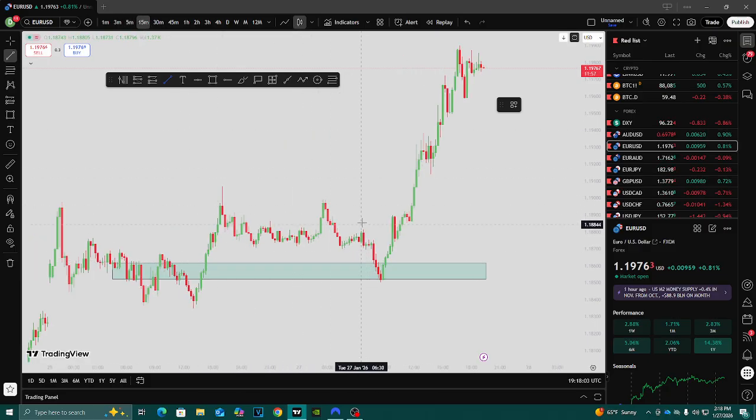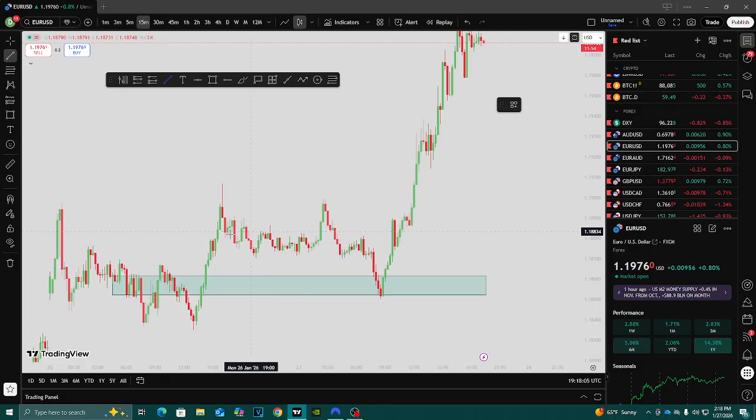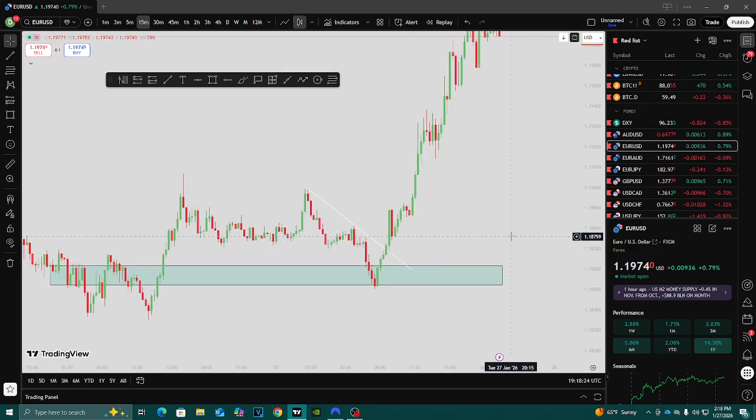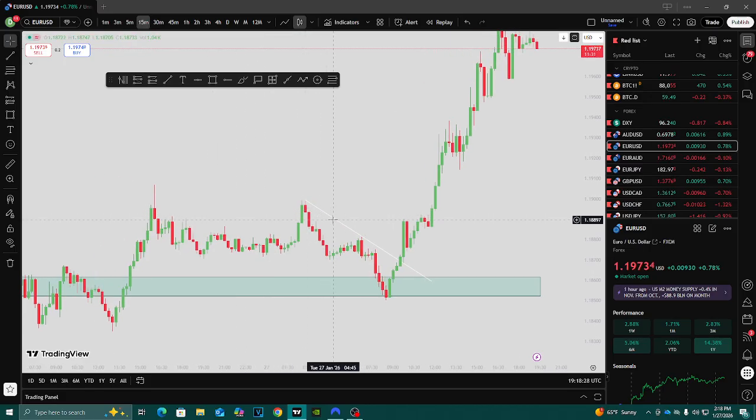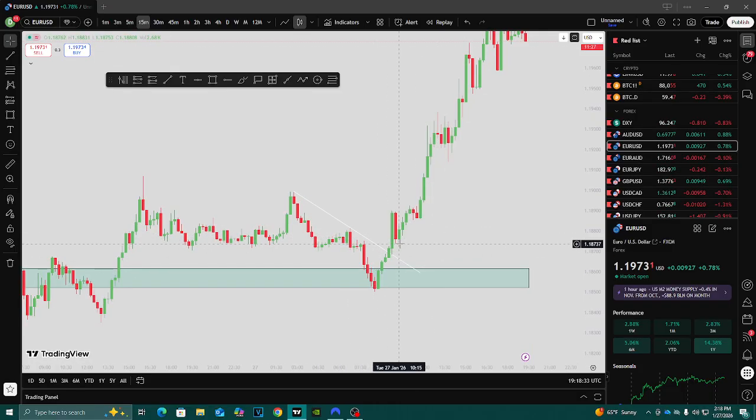So we wait for the consolidation, and then we wait for it to hit our zone and just come up. How I entered this market, I went from red wick to red wick right here. Boom. That's called a counter trend line because the trend is going the opposite of the market. So boom, it broke the counter trend line.